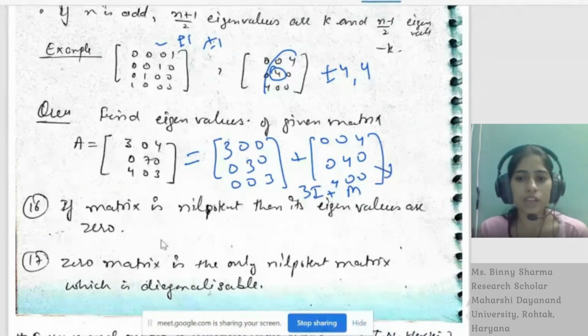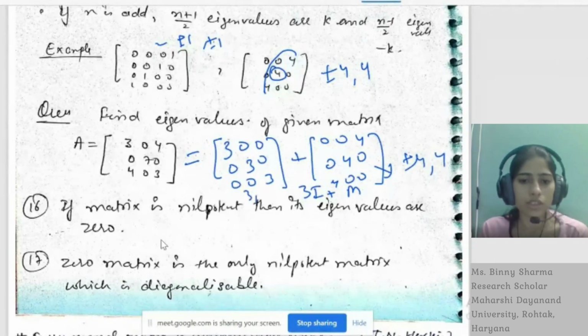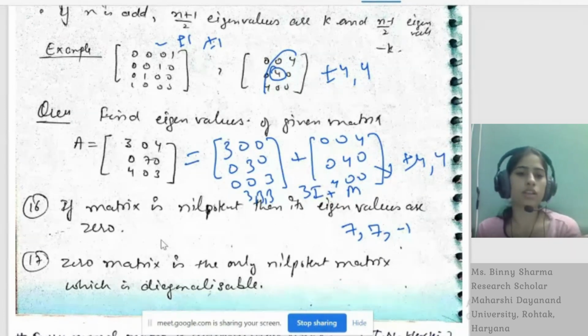Its eigenvalues are plus minus 4 and 4, and the eigenvalues of 3I are 3, 3, 3. So what we get at these corresponding eigenvalues is 7, 7, and 3 minus 4, that is minus 1.